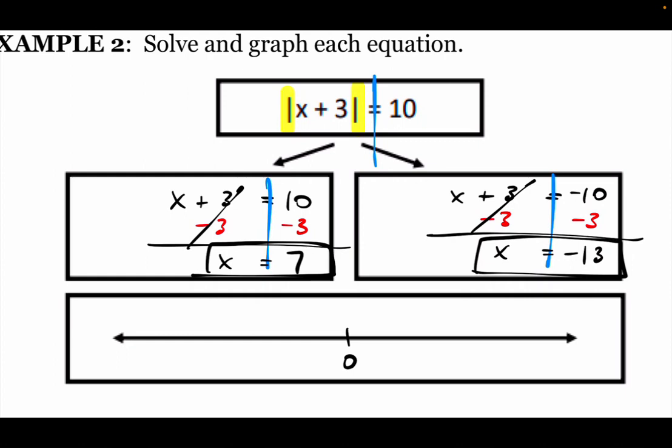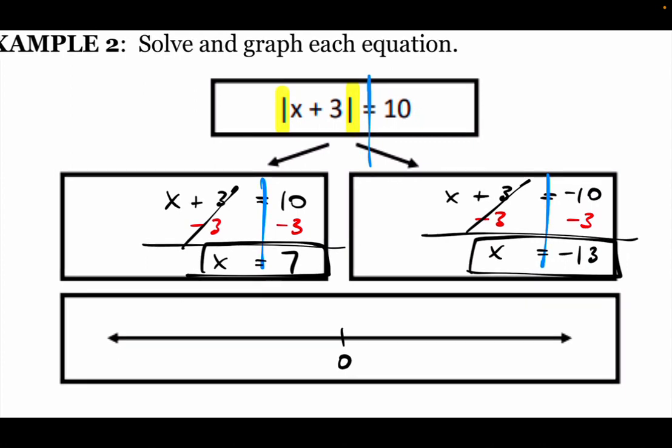So I have 7. 7's on the right side. Negative 13's on the left side. Which one is closer to 0, 7 or negative 13? 7. So I'm going to put that about there. Negative 13 is about double the distance away, right? It's 13 steps away. 7 is 7 steps away.